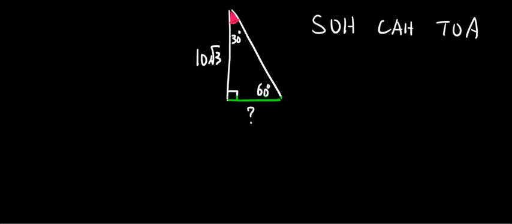For angle 30 degrees, you have adjacent. We're looking for the length of opposite. Now we decide we're going to use tangent, because if you use the other two, you're dealing with the hypotenuse. Okay? All right, so let's use tangent.